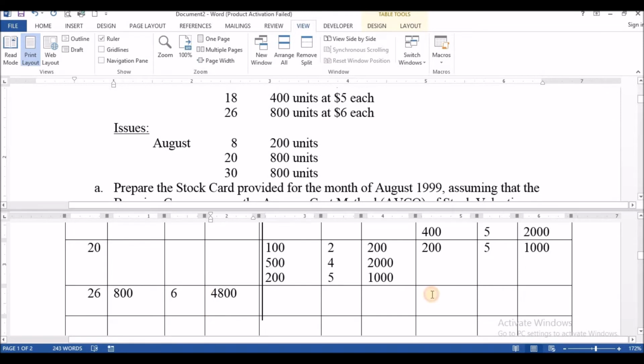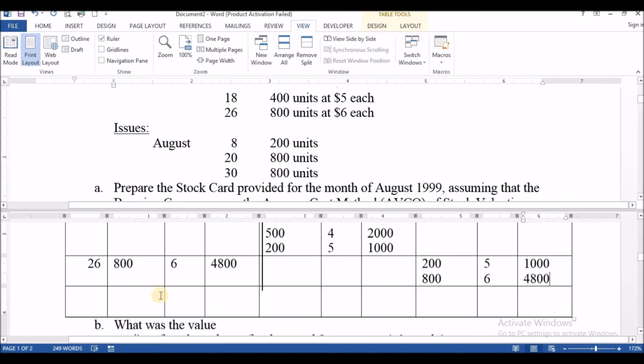Right, so we come over to the balance section now. So we had 200 before, 200 at 5, that's 1,000. Then we're going to add the 800, so we have 1,000 units but at different prices, and this will be 6, and we put the 4,800. So our stock is now valued at $5,800. On the 30th, we sold 800 units.